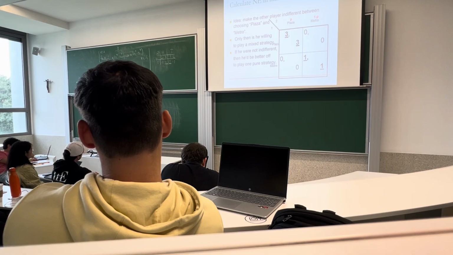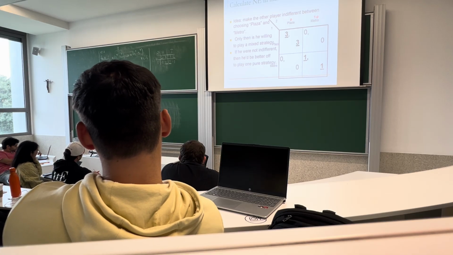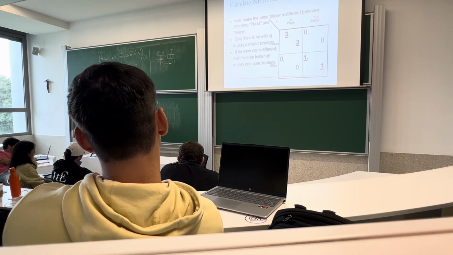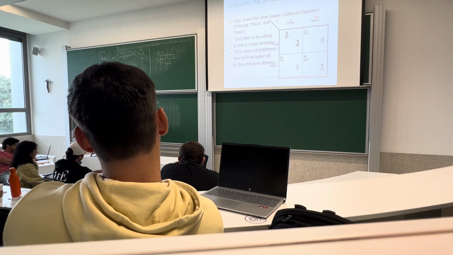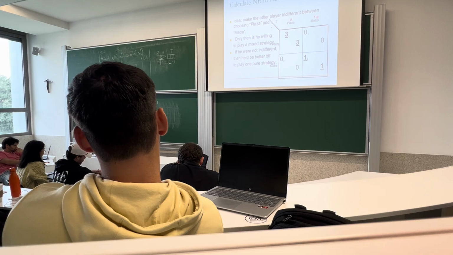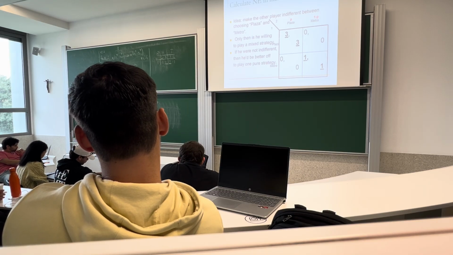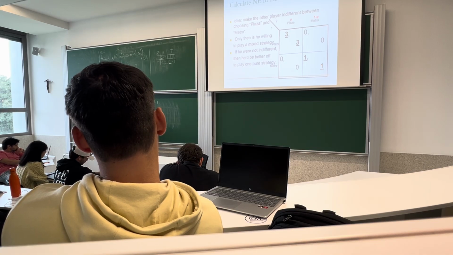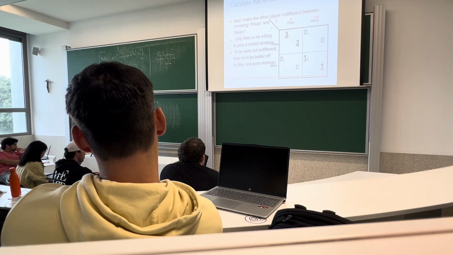Player 1 should get the same payoff choosing plaza against the mixed strategy of player 2 as if player 1 chooses metro against the mixed strategy of player 2. What's the payoff of player 1 when he chooses plaza, in case player 2 uses the mixed strategy? Plaza gives 3 times P. 3 is the payoff here, and this is chosen with probability P, so it ends up being P times 3 plus 0 times 1 minus P.